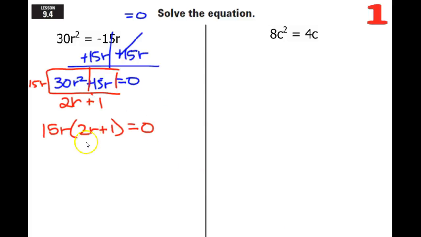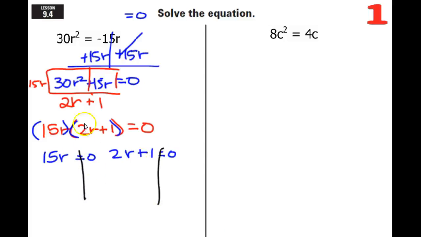Now if it's equal to 0, we learned that this or this could be equal to 0. So we need to set both equal to 0 and solve. So when I solve these, we have divided by 15. So we have r equal to 0.